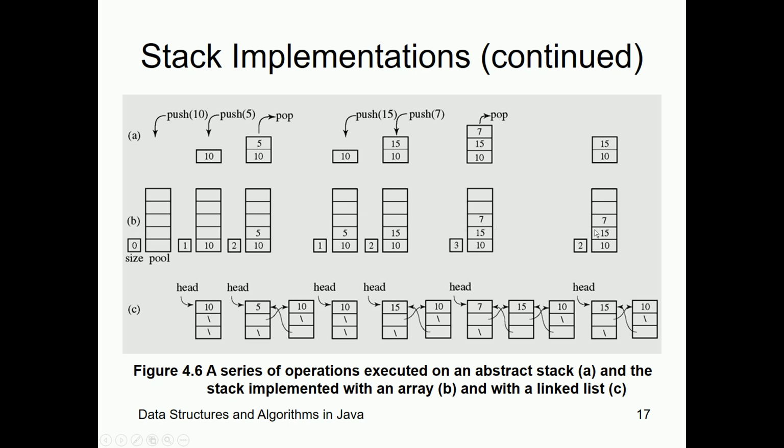So this is the array implementation, but we could also use the linked list implementation, the doubly linked list. This is an example with that doubly linked list. When you push 10, you have just one node with 10, and then when you push 5 you have 10 and 5, but the head is going to point to the new one, which means we're always going to add to the head when we use a doubly linked list as an implementation of the stack.